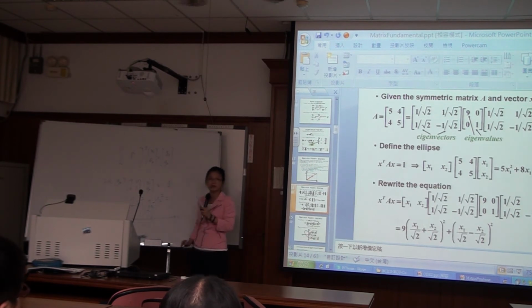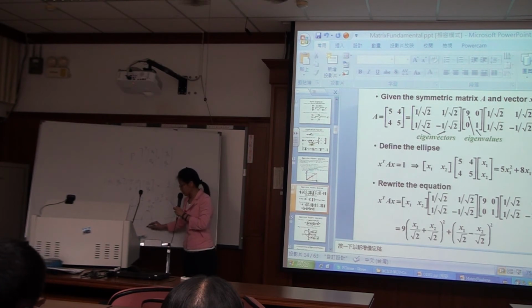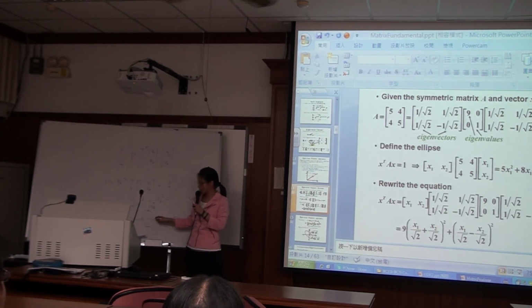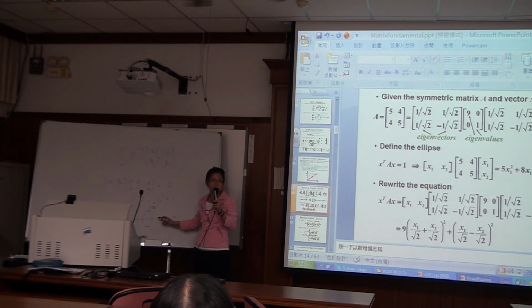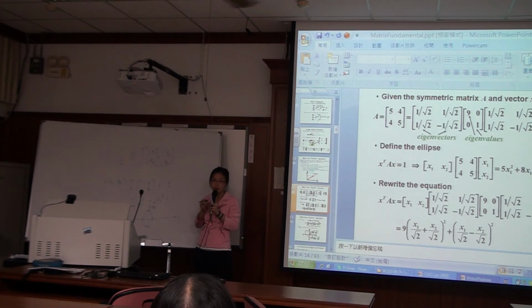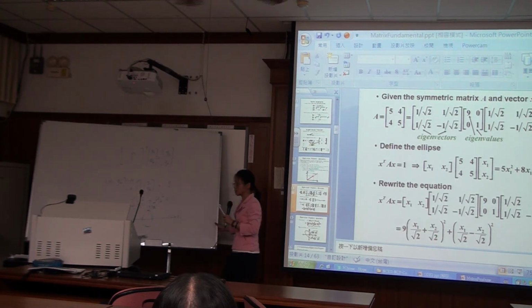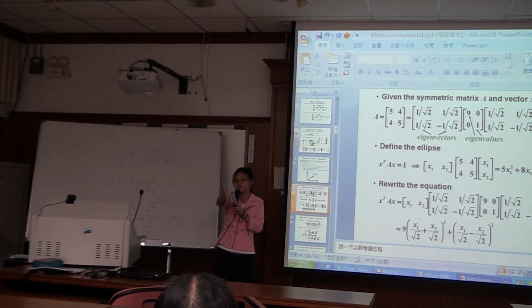What should this value be? If we express it with x1, x2 coordinates, what are the coordinates at the two ends of the short axis? What are the x-intercepts of this ellipse? Sorry, I mean the y1 intercepts.